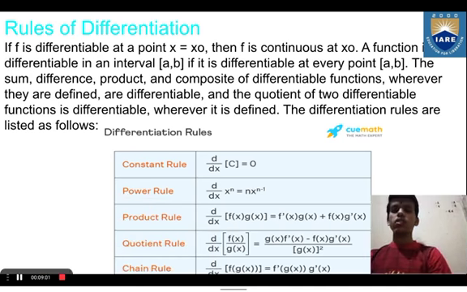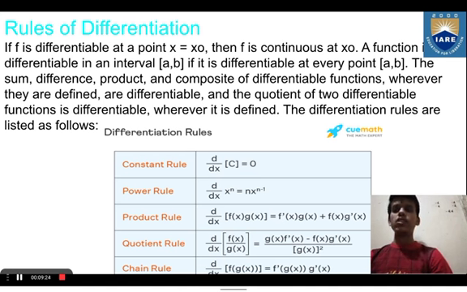Now look at the rules of differentiation. If f is differentiable at a point x equals x naught, then f is continuous at x naught. A function is differentiable in an interval (a, b) if it is differentiable at every point in (a, b).